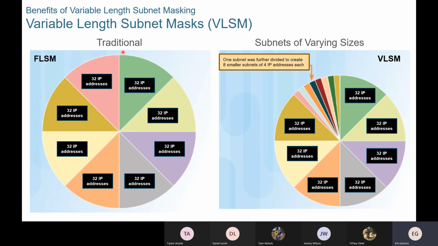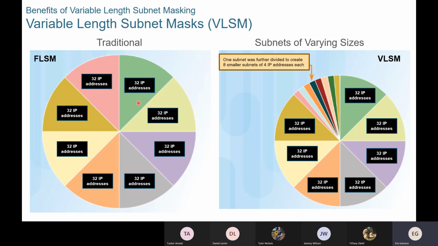Let's say that we have 256 IP addresses, and we create subnetworks. All the subnetworks are going to have 32 IP addresses. This is called fixed length subnet mask, which means that all the subnets that we create have the same size, 32 IP addresses.